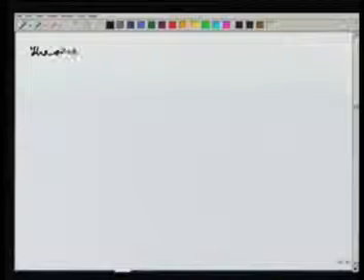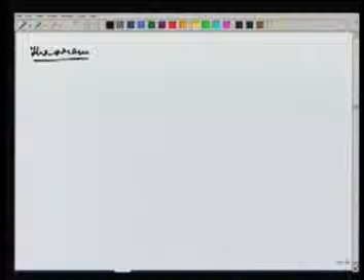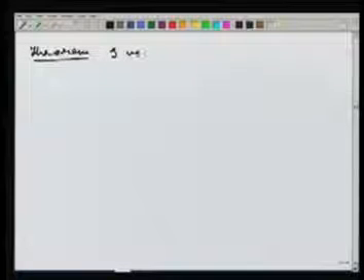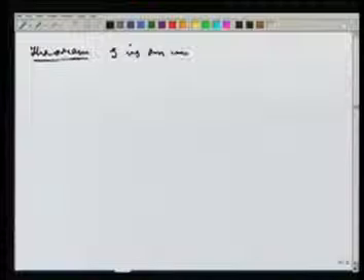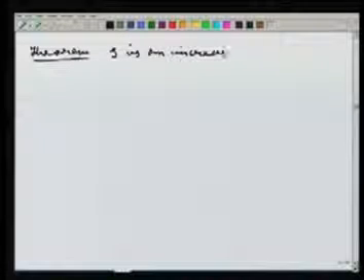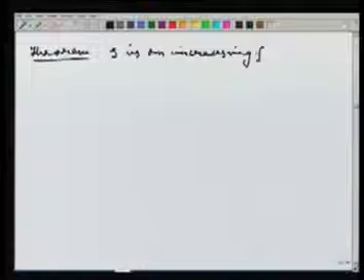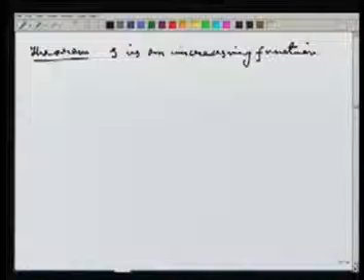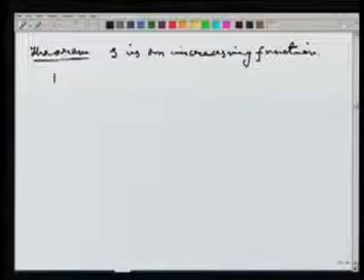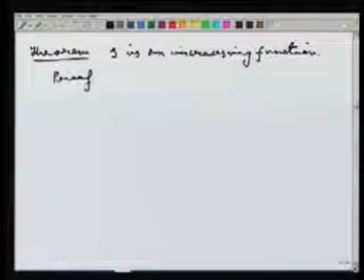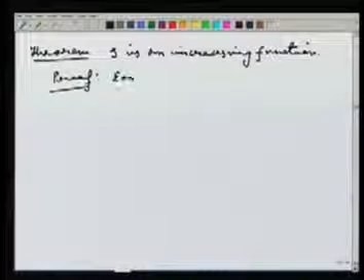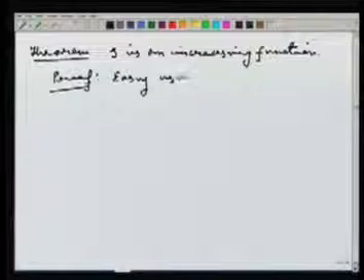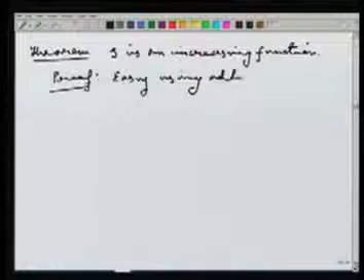I get some property of this function, that S is an increasing function. It follows very easily using the additivity of the length, which we have assumed. The proof is trivial, easy using additivity of length.